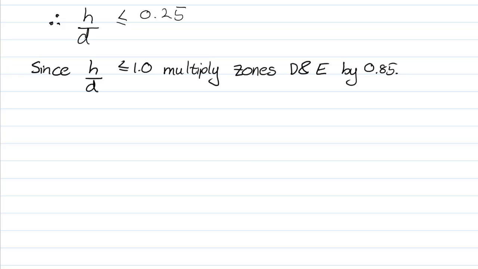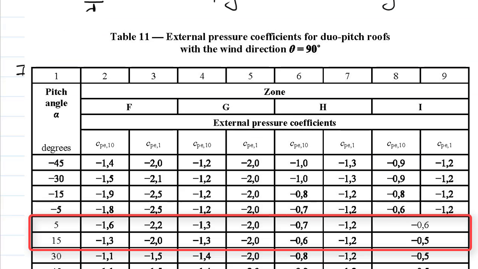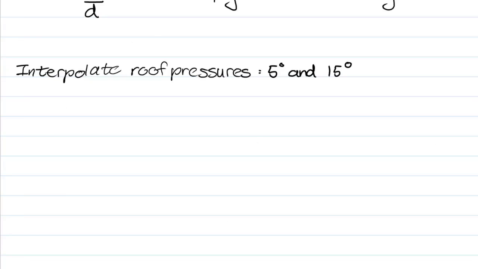And now we need to also see which line of the code do we take our roof pressures from. And then once again, we need to interpolate between 5 and 15 degrees on our roof slope. And then here you can see an excerpt from the code where the CPE values from the external pressure coefficients. And then these I'm going to go fill in the table above.